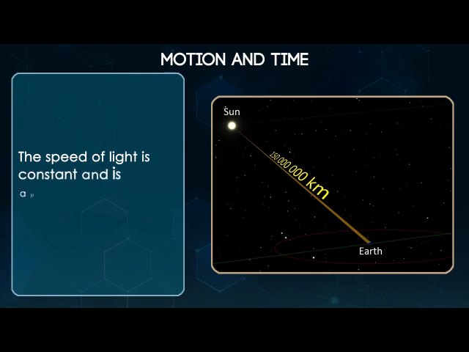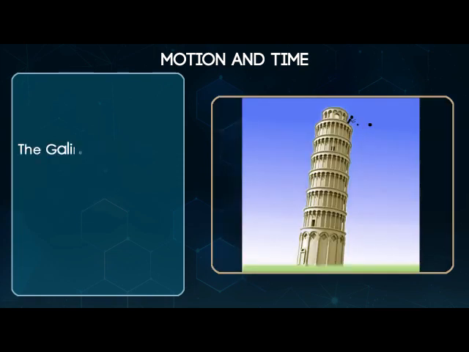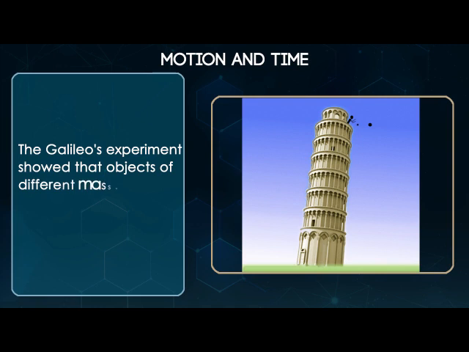The speed of light is constant and is approximately 3 × 10^8 meters per second. Galileo's experiment showed that objects of different masses fall at the same rate in a vacuum.